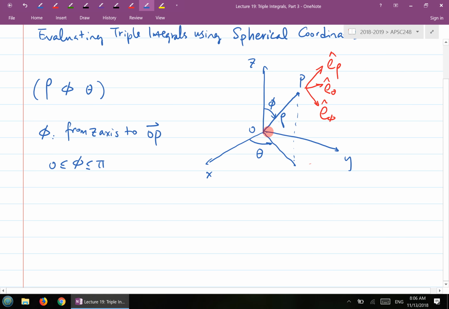And rho here is pretty simple. That's just the distance between O and P. If you know your P is x, y, z, then rho is essentially the square root of x squared plus y squared plus z squared. So rho is naturally greater than or equal to 0.